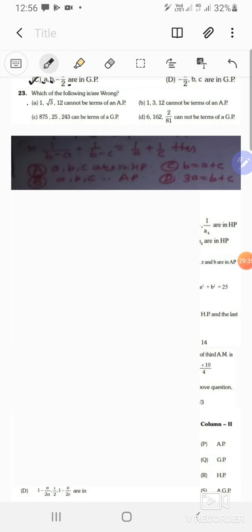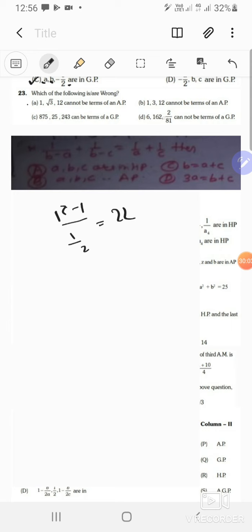Wait, not 2 jumps, sorry. So 3 minus 1 upon half, that is 4. So you need to take 4 jumps from 1 to reach 3. And similarly 12 minus 1 upon half, that would be 22.